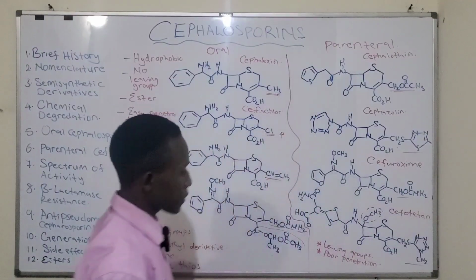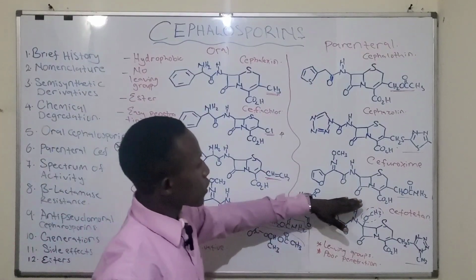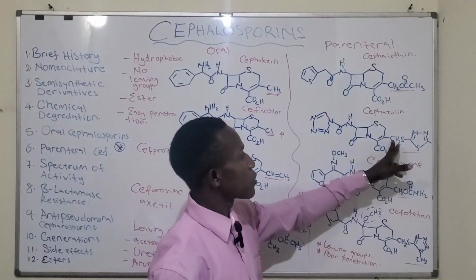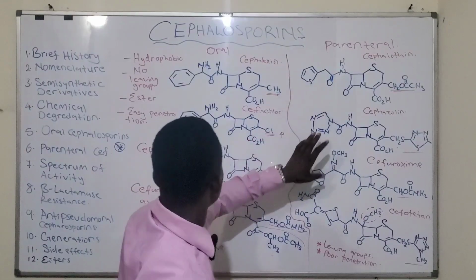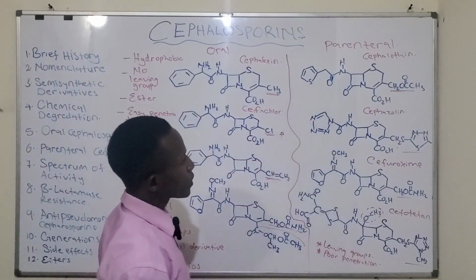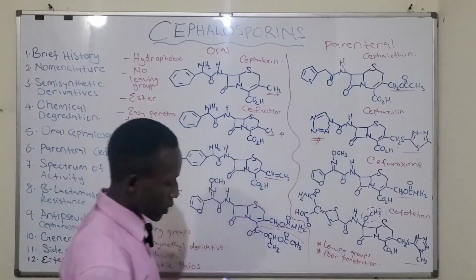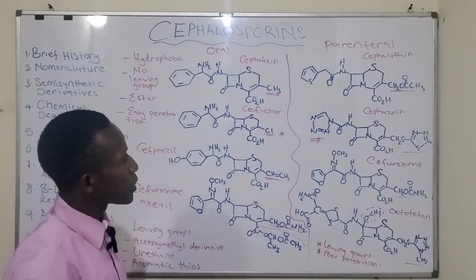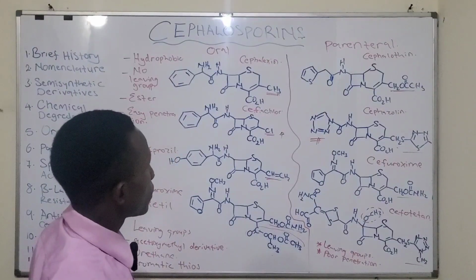So you may find a cephalosporin having no leaving group, but because of these compounds, for example, if you have a compound like this, it will be more hydrophilic, meaning that the drug will not penetrate easily through the GIT membrane.